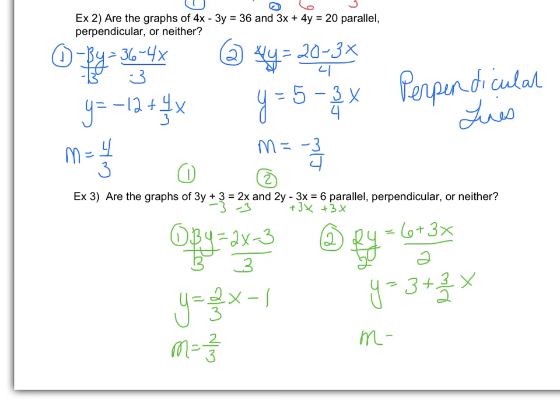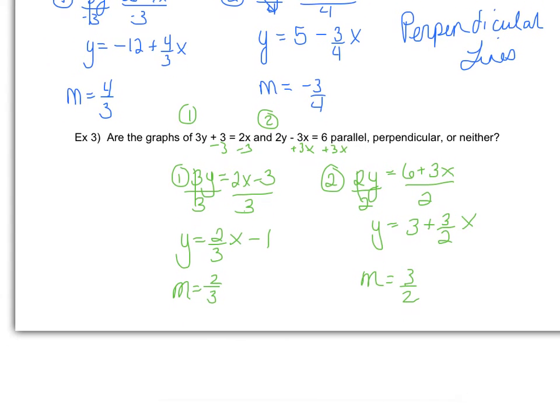Picking out my slope, I see that I have a slope of 3/2. Comparing my two slopes, I see that they are reciprocals. However, they are not opposite reciprocals. They're both positive. So I'm going to conclude that these are neither parallel nor perpendicular.